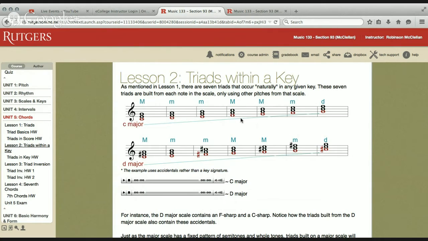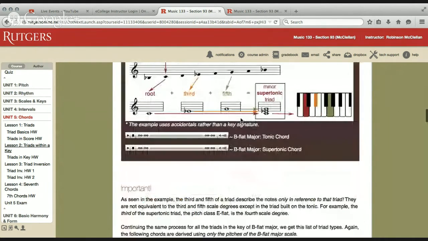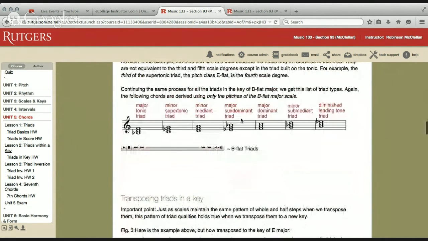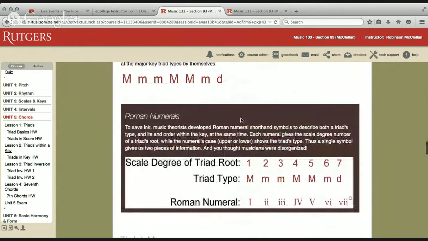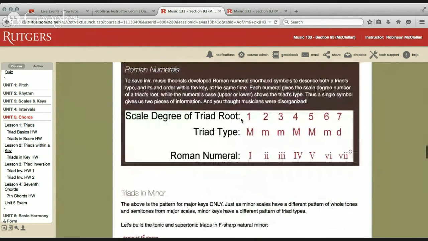It's a major chord. And then following from that, you get the Roman numerals, which I think are somewhere in here. And this chart to me is really important because it shows one of the coolest little tricks in music theory, using Roman numerals to put 2 pieces of information into one symbol. Roman numerals are able to show both the number of the chord and the quality wrapped up into one number.